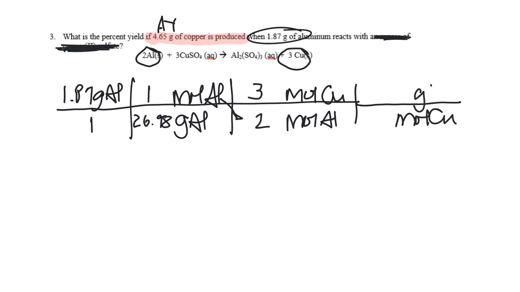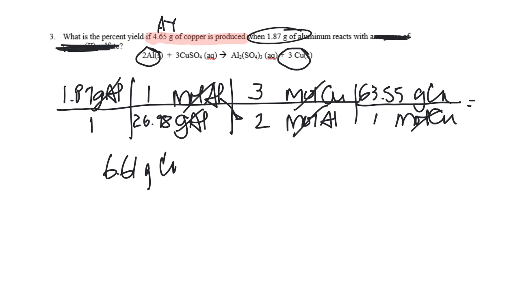I want to get to grams of copper. That's the goal. So I am going to put 1 mole of copper, and then I put 63.55 next to grams of copper, because that's the molar mass of copper. And then I cancel my units, and I get a value of 6.61 grams of copper.